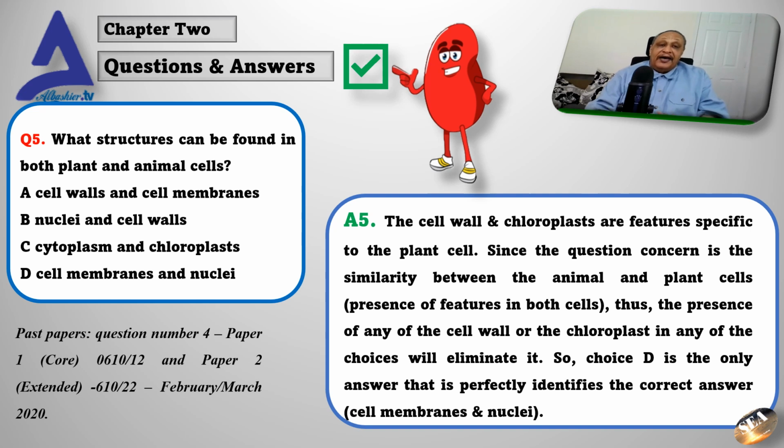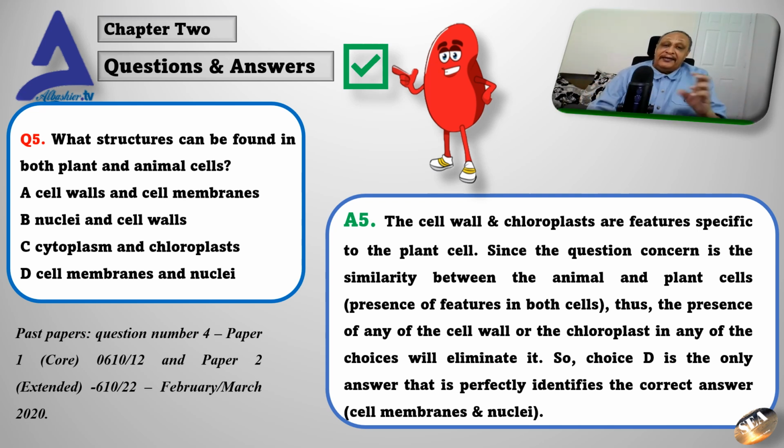So when he wants both together, that means he wants the 3 similarities. He first said cell walls and cell membranes, nuclei and cell walls, cytoplasm and chloroplast, cell membranes and nuclei. Let us see how I answered this question.